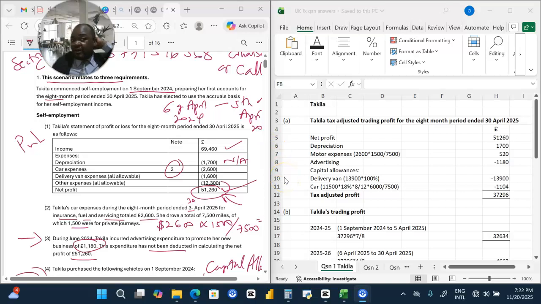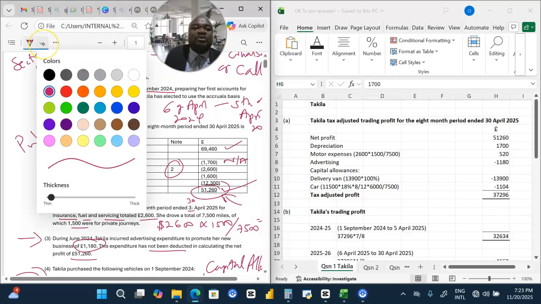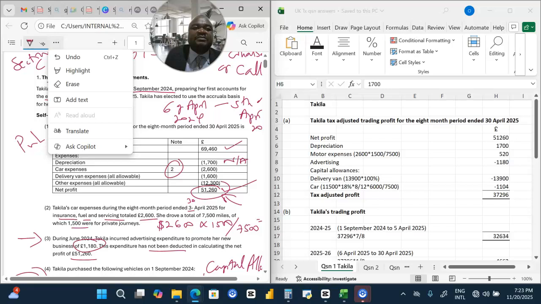Okay, so the question wanted us to start with the net profit, as you can see there, and the figure of the net profit was that one. It's taken from the question. All right, depreciation, we've added back depreciation. This is the depreciation, 1,700, because the examiner wanted us to do this.